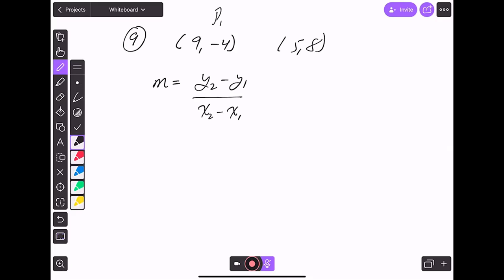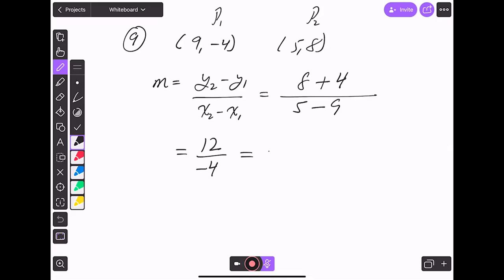This is P1. This is P2. 8 minus a minus 4 over 5 minus 9. What do you get there? 8 plus 4 is 12. 5 minus 9 is minus 4. And what do you get there? Minus 3.